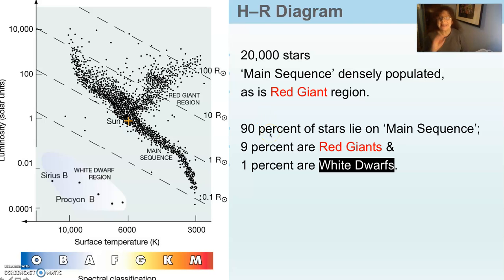In terms of that, 90% of the stars in our universe that we know of at this time lie along that main sequence, which is based on luminosity, and 9% of them are really red giants, and only about 1% of them are the white dwarfs, which are small radii and less luminescent.